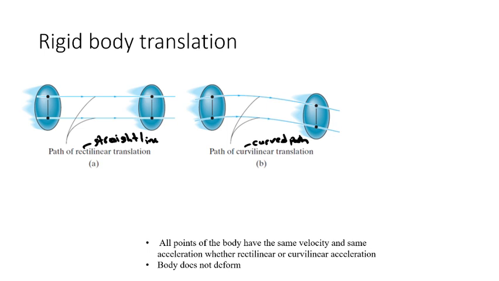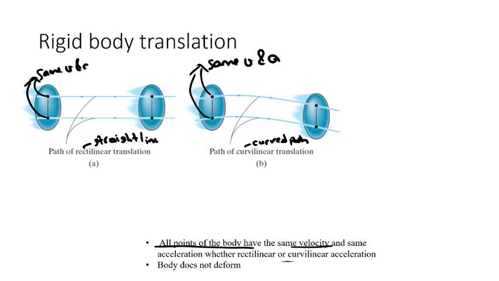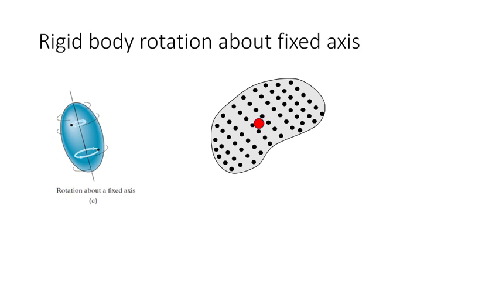Whether it is curvilinear or rectilinear, all points have the same velocity and acceleration. This point and that point, same velocity and acceleration. Similarly here, this point and that point have the same velocity and acceleration. This is the translation of a rigid body.